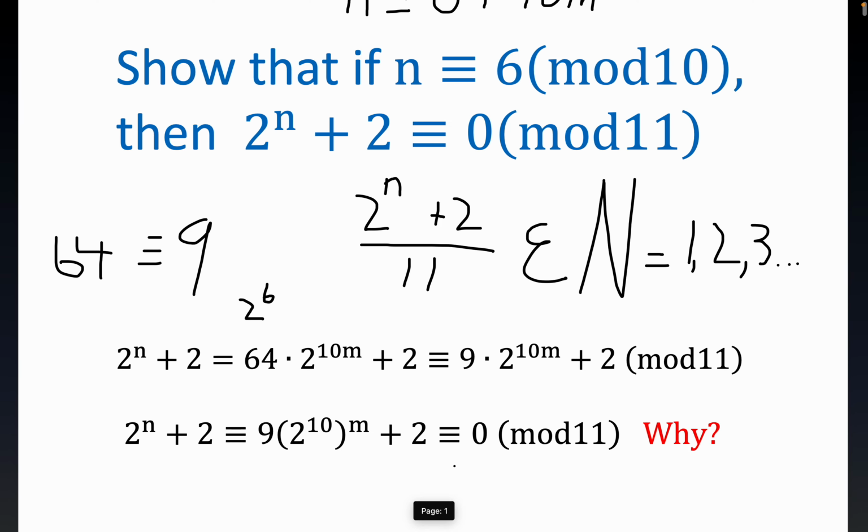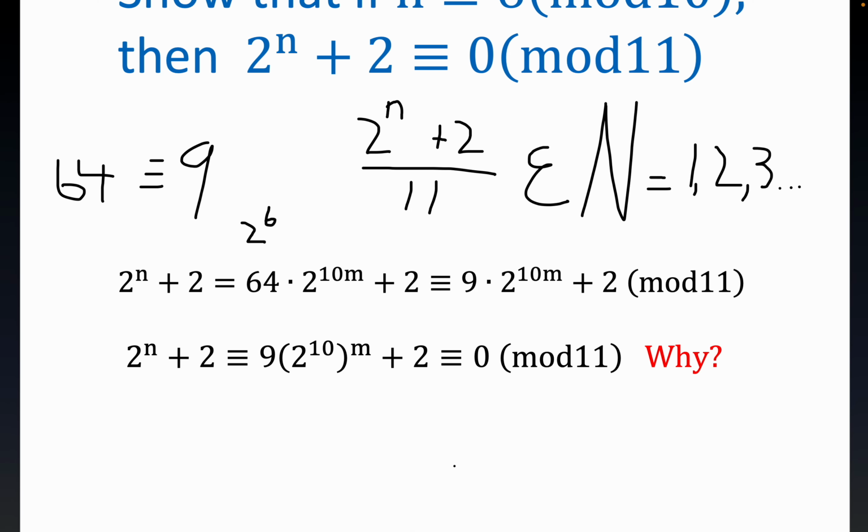Now, the very next step is what's really fun. And it took me a while to realize that there's a very well-known result called Fermat's little theorem. It says a to the p minus 1, where p is a prime, is congruent to 1 mod p, modulo p. This very famous result.